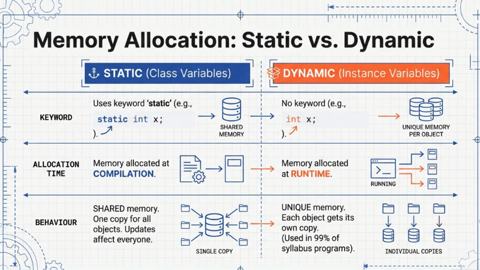Static variables use the static keyword, share one memory location, and are allocated at compilation. Dynamic variables have no keyword, get separate memory for each object, and are created at runtime. Choose static for shared data, dynamic for unique data. Mixing them up leads to inefficient code.